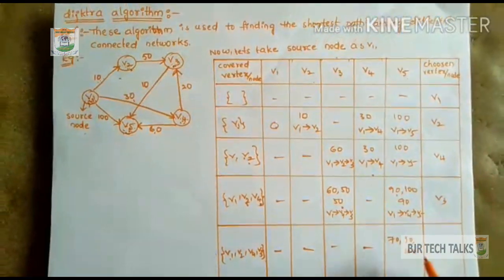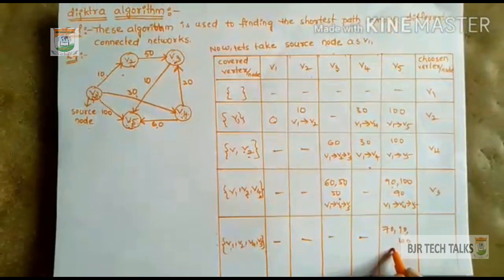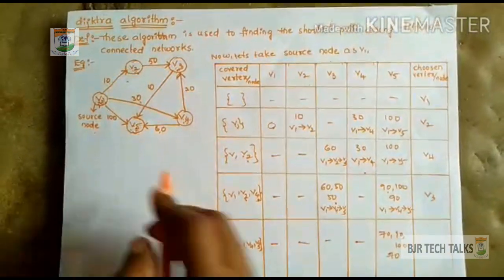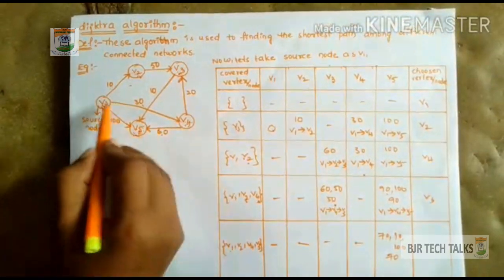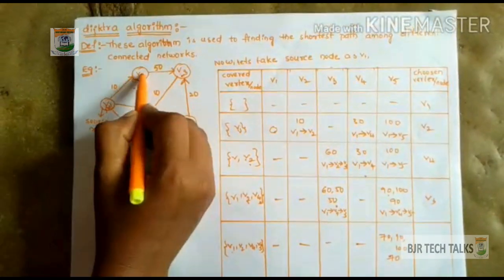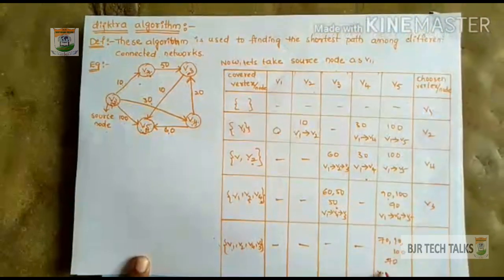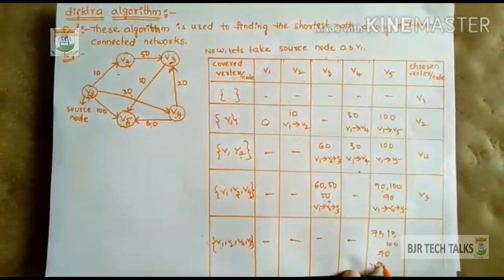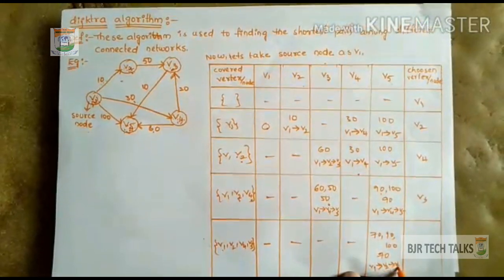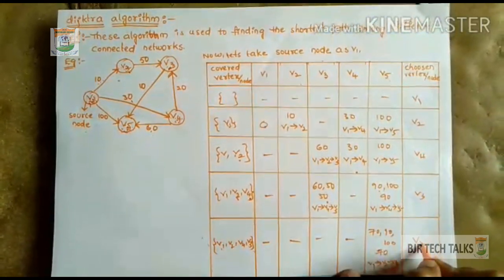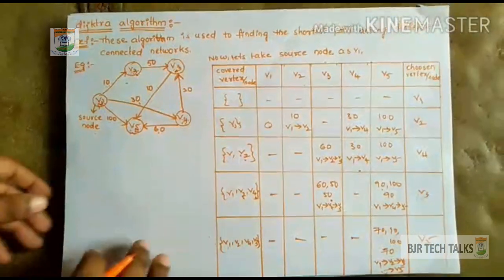The least distance is 70, so 70 is taken. The routing is V1 to V2, V2 to V3, V3 to V5.